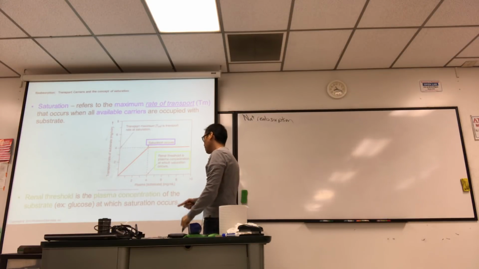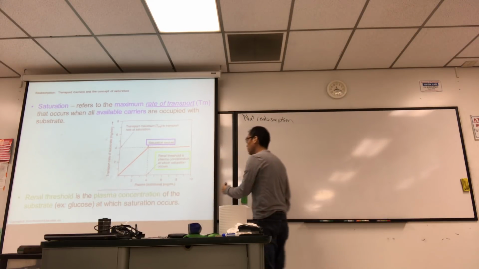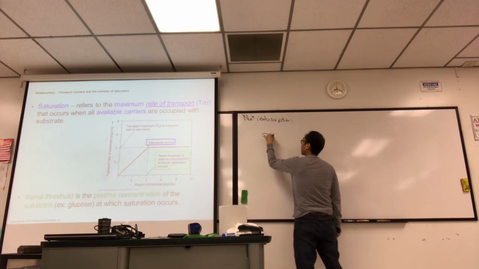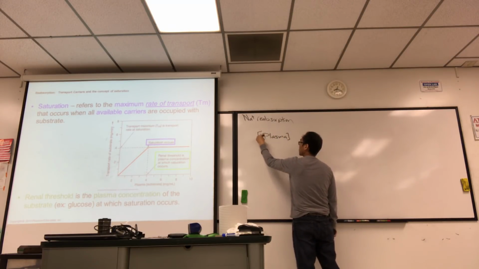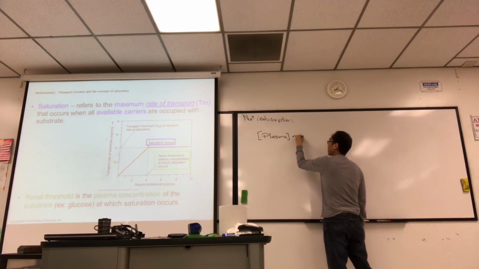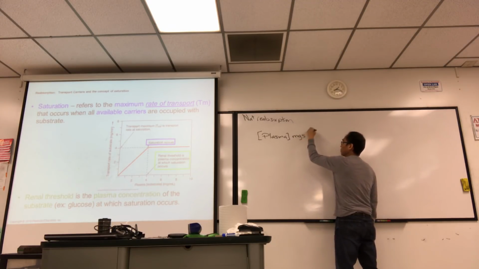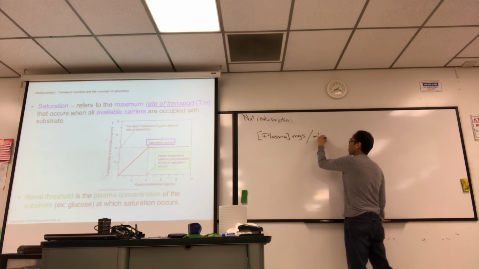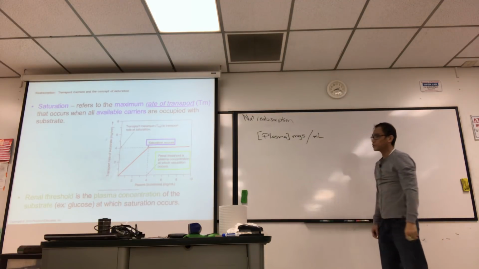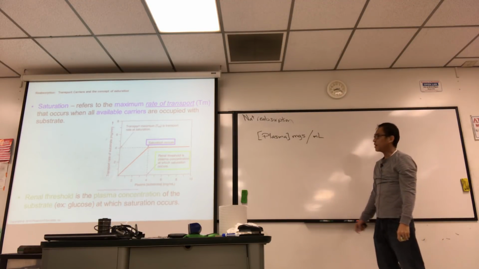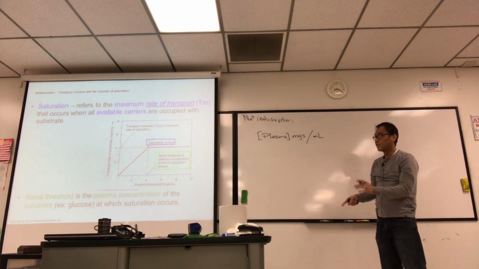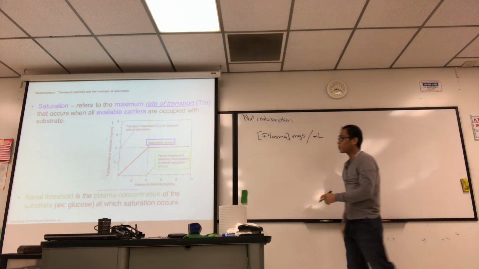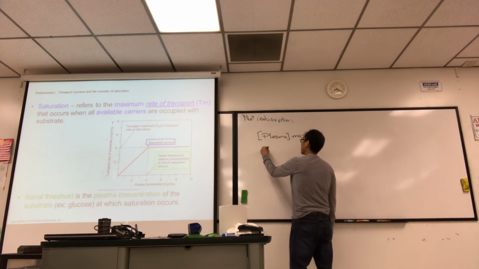If it's a plasma concentration, I'll use my concentration brackets for plasma. It's some amount of milligrams per some unit of volume. It's a blood concentration. You pay attention to blood concentration of something because it may be filtered, and if it's reabsorbed, there's a transport rate.